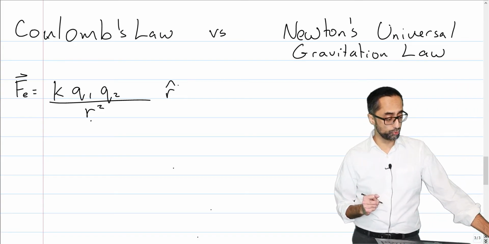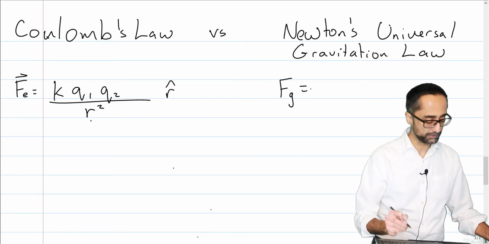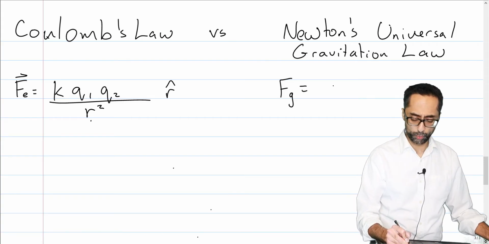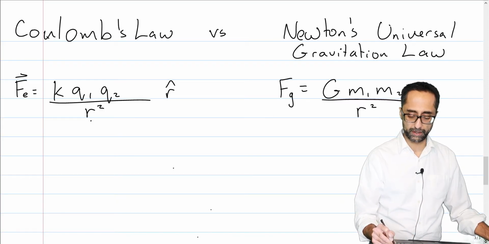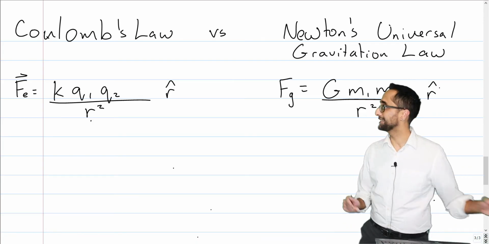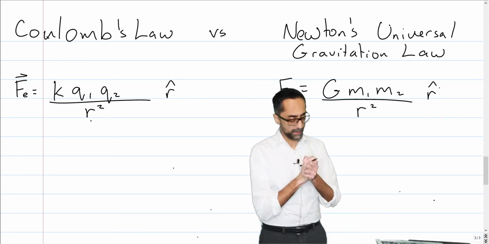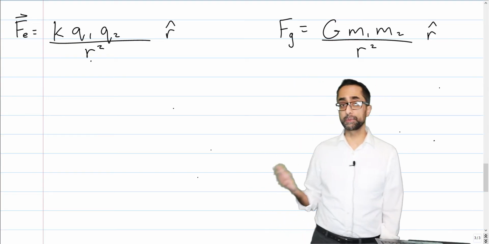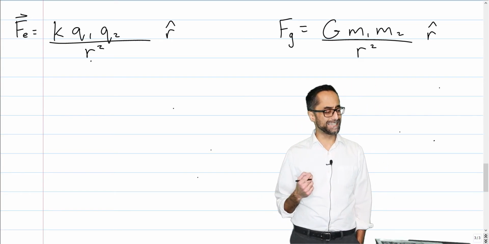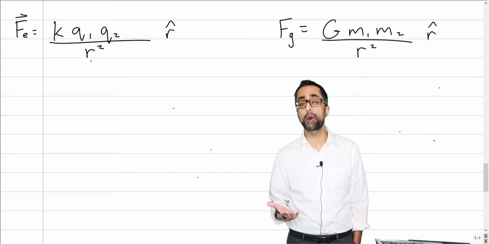Now if we compare that to Newton's law, we have Fg, but again not equal to mass times gravity, but our universal equation, which is big G times m1 times m2, all divided by r squared, r hat. When you look at these two equations, Coulomb's law and our gravitation equation, there is much similarity between the two of them. Clearly we see a constant for both of them. We see the dividing by the distance between our objects squared.